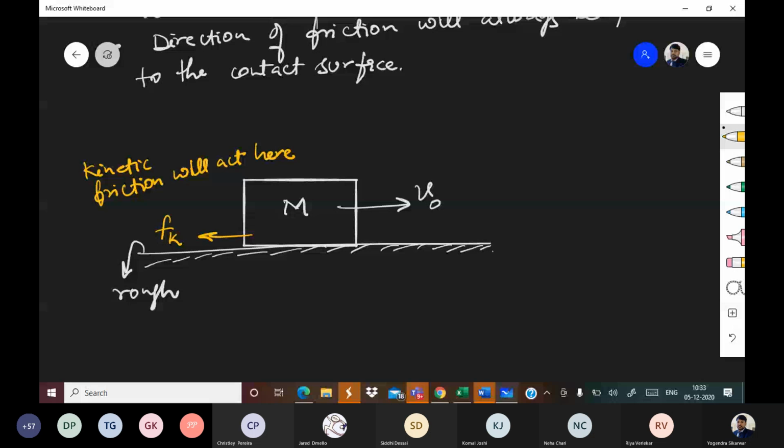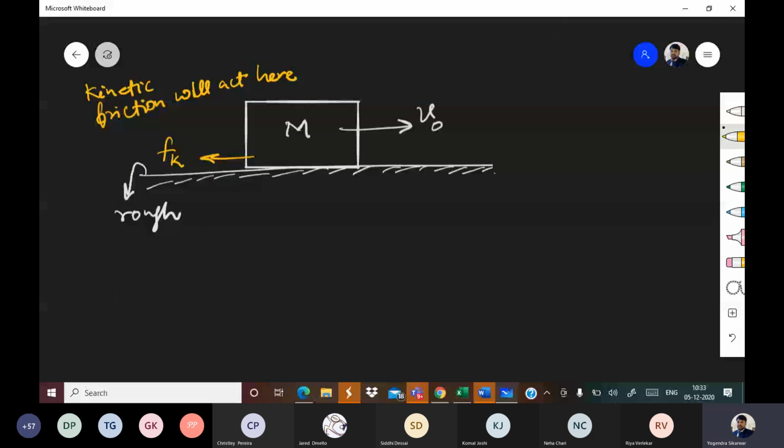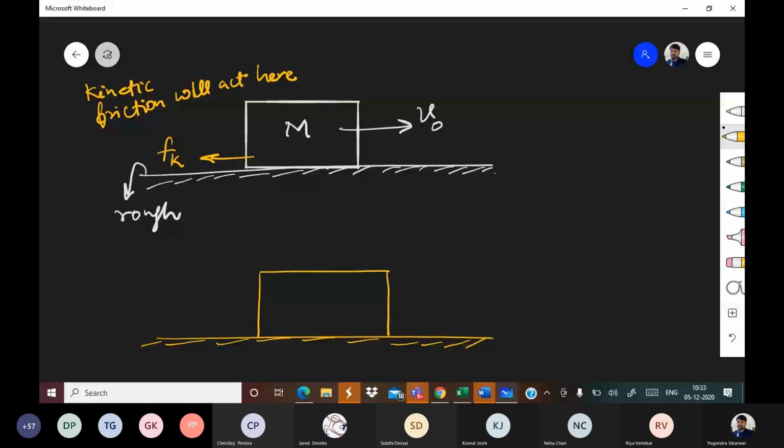Okay. Now in place of the moving object, suppose we have another scenario where the object or block is kept on the ground.